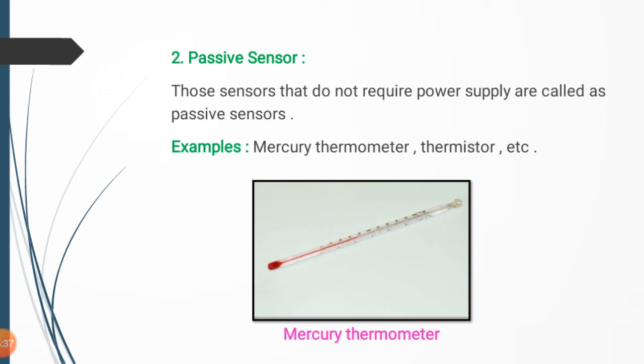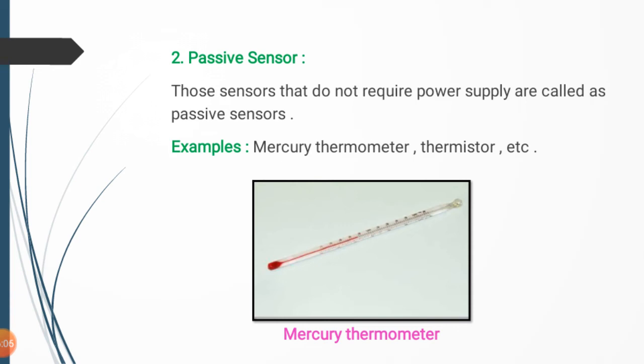If we take the example of the mercury thermometer and the thermistor, the mercury thermometer is shown in the figure. This thermometer is generally used in laboratories for measurement of temperature. We are familiar with it. The reddish color within the thermometer is the mercury.